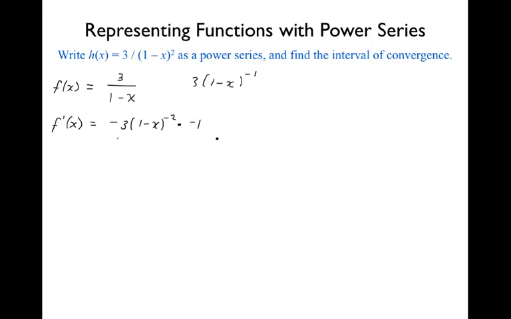So, what do I get? I get positive 3 over (1 minus x) squared. Right, which is exactly h.